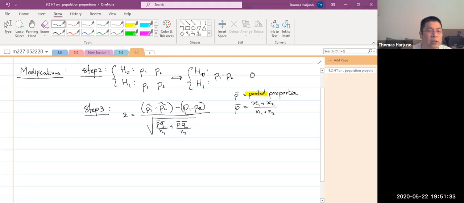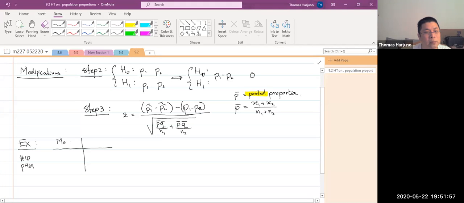Let's say, for example, I will do problem number 10 on page 464. Here's the situation. For males, n1 equals 1068, and x1 will be 332.